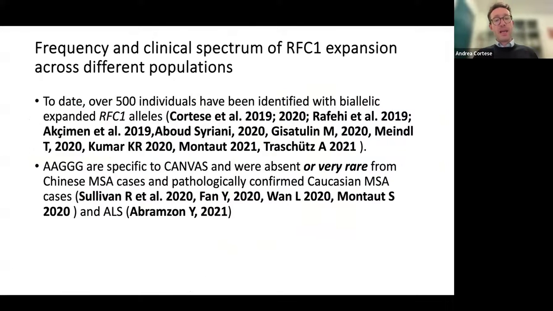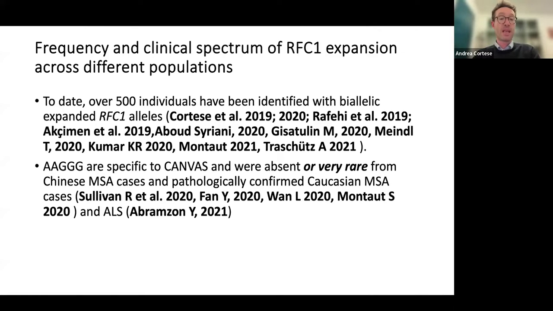Right. And I think it's fair to say that not just in our hands, there are now incredibly talented and experienced research groups around the world that confirm that this is a common cause of adult onset ataxia and neuropathy. We also realized that some of these cases might have been misdiagnosed.